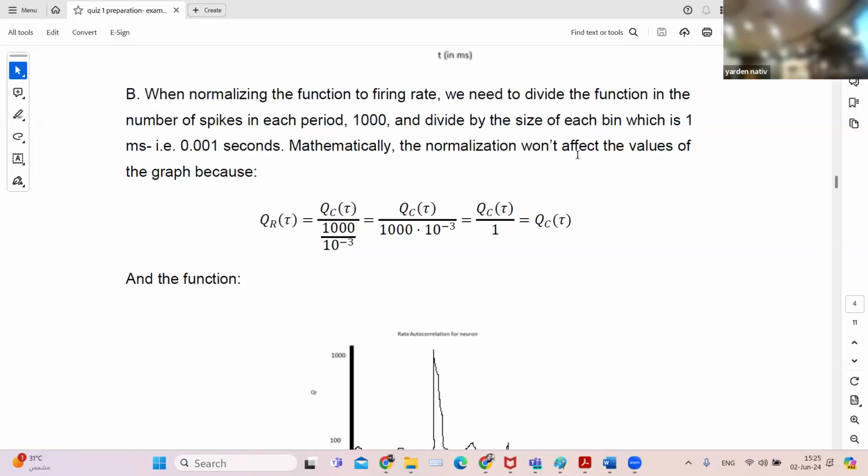But I also think that here we directly calculate the probability of two spikes meeting each other. Do you understand the difference? I understand what you're saying, but I'm thinking about the formula, dividing the count by the number of spikes.